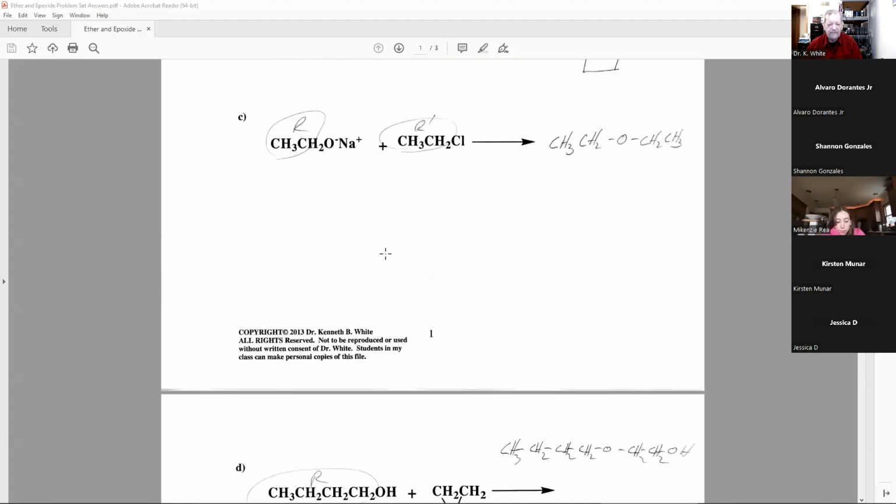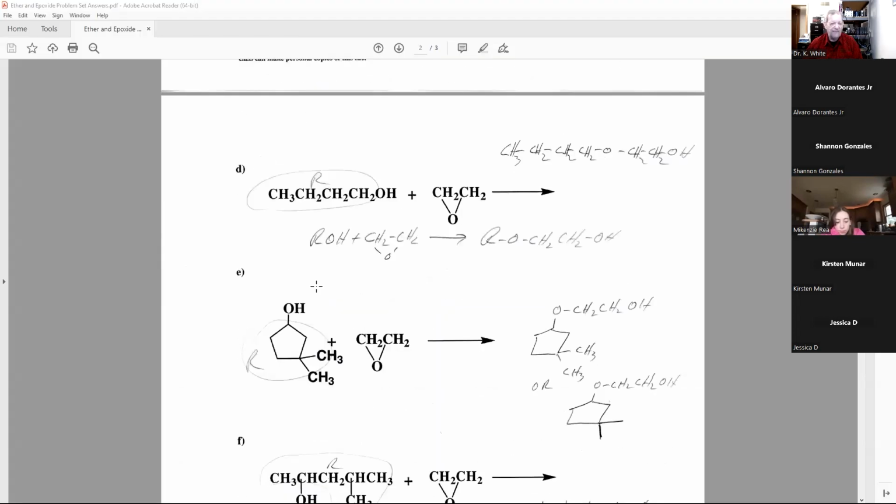All right, let's get back to the problem set. Next one, D, give the organic product or products for the following. Alcohol plus ethylene oxide, you get this ether alcohol, ROCH2CH2OH.